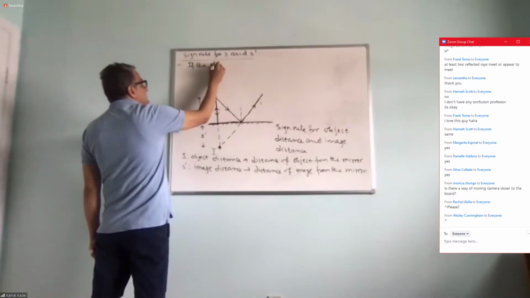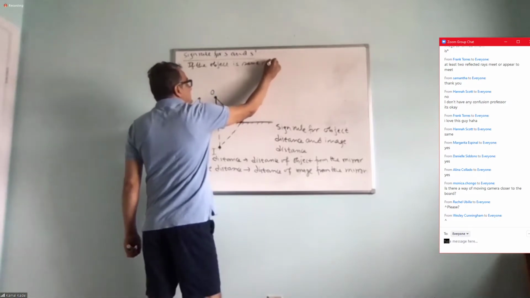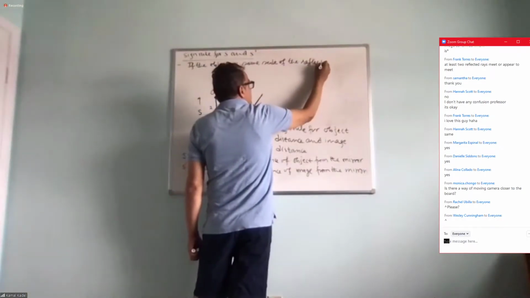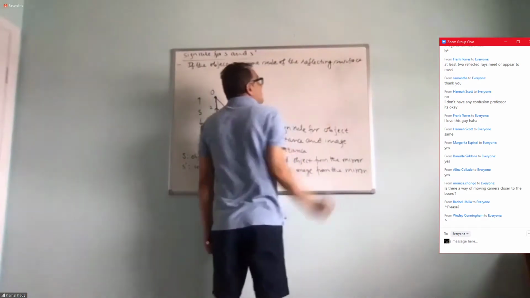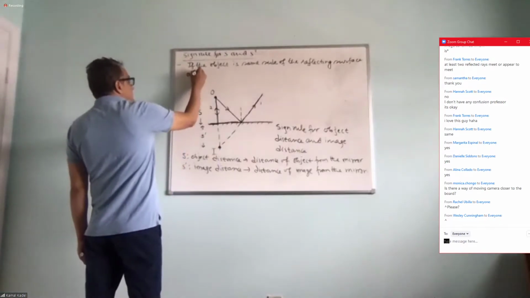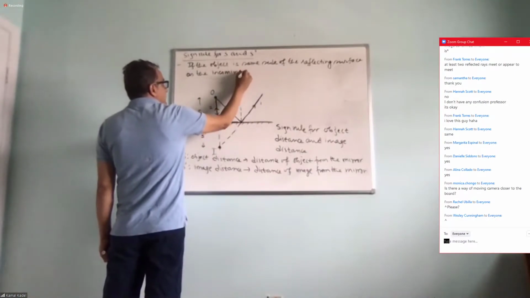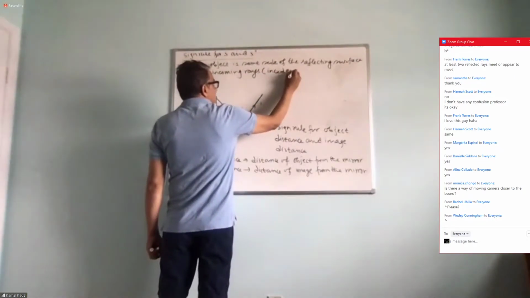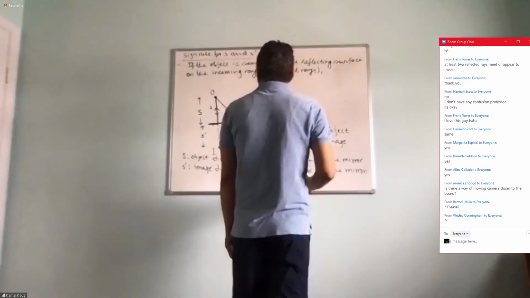If the object is on the same side of the reflecting surface as the incoming rays, that means incident rays, the object distance is positive.